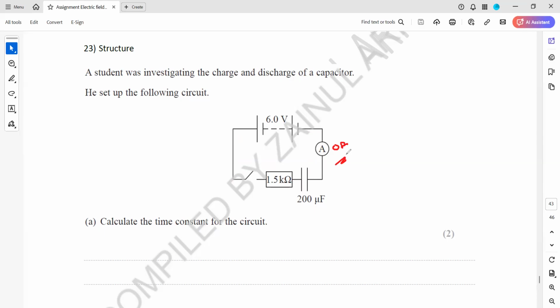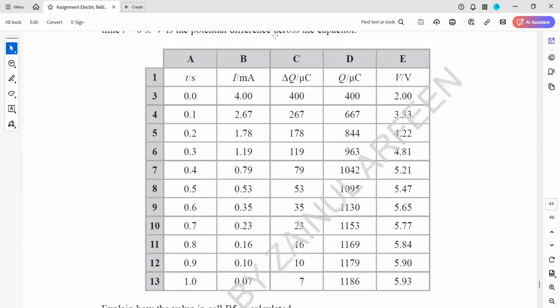So you can see from the table that at the beginning, when the time was zero, the current was 4 milliampere, the maximum current, and the change in the charge was 400, and the voltage was 2.